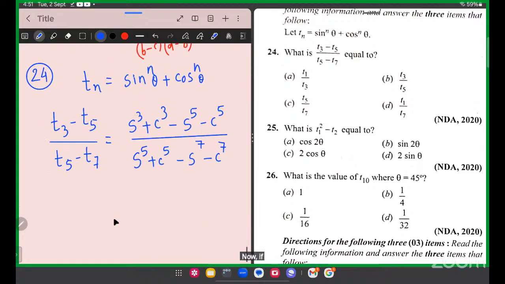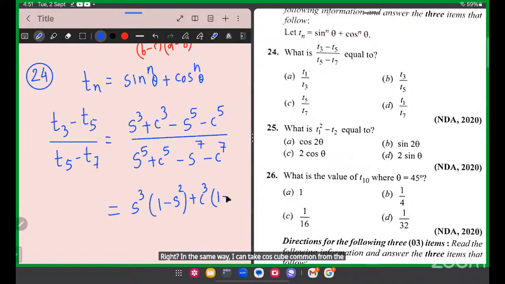Now if you simplify this, I can take sine cube common from the first term and third term, right? In the same way, I can take cos cube common from the second term and fourth term.